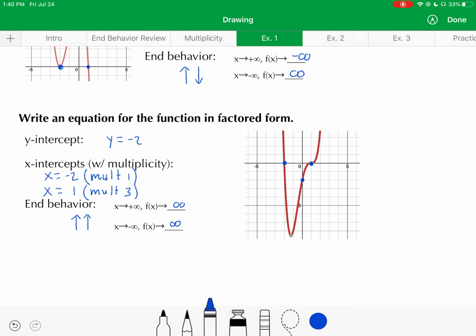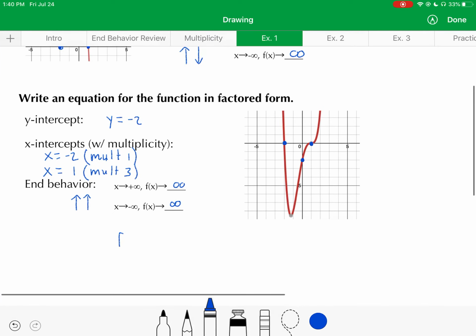So taking this all into account, I can build the function f of x for this graph first by using my x-intercepts, okay? My x-intercept of -2 means that x plus 2 should be a factor of the function, and it should have a power of 1 on it.